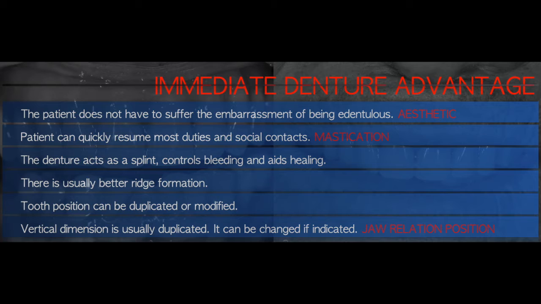So there are a number of advantages of the immediate denture. The patient does not have to suffer the embarrassment of being edentulous, so it's aesthetically advantageous. The patient can quickly resume most duties and social contacts, meaning they don't need to stay at home due to being edentulous, and their masticatory function will be restored immediately after the teeth are removed. The denture acts as a splint, controls bleeding, and also helps healing.